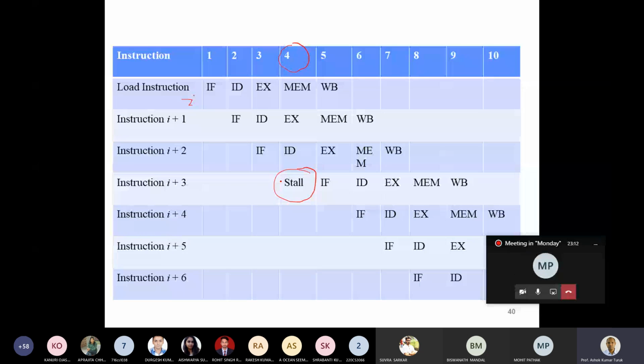The next instruction I plus 4, which was supposed to begin its execution in clock cycle 5, now begins execution in clock cycle 6. Instruction 3 was supposed to complete in the 8th clock cycle, and now it will complete in the 9th clock cycle. So there is a 1 clock cycle penalty, 1 clock cycle is lost as a result of the stall, and all the subsequent instructions are also delayed by one clock cycle.